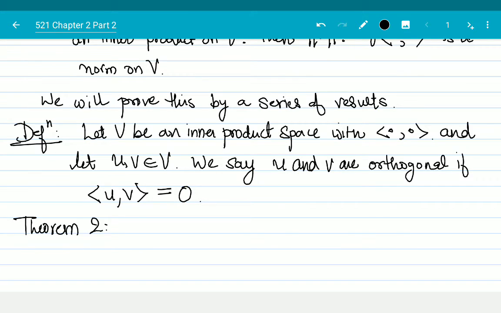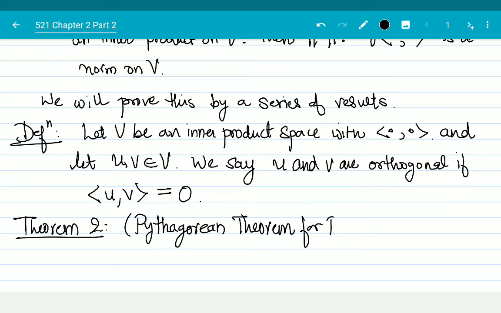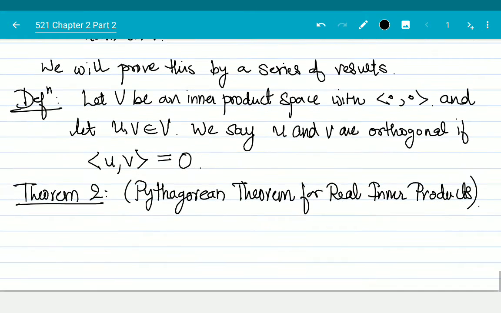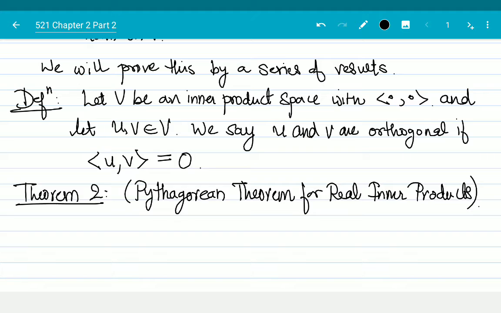Then theorem 2, the Pythagorean theorem for real inner products. You know the Pythagorean theorem that you have studied before.